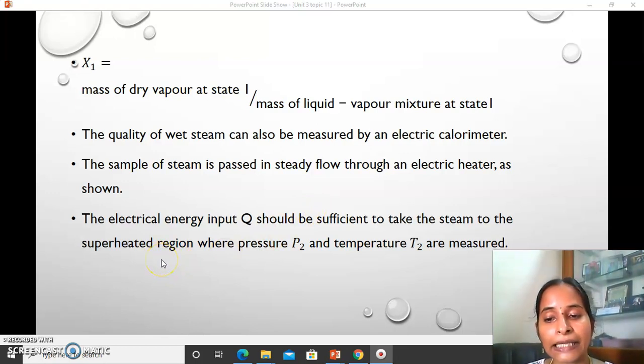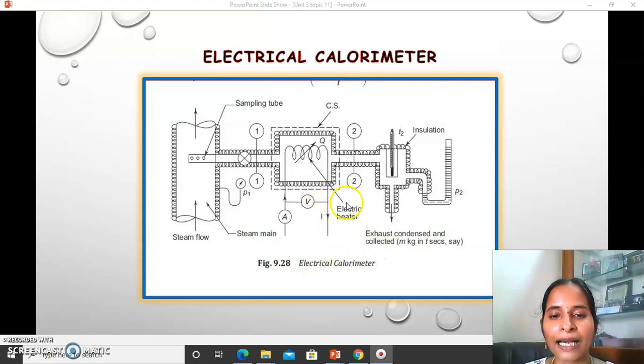Here we are making the energy transfer, the phase change from wet steam to the superheated region, by the electrical supply. So by the electrical heater, the wet steam is heated further to become superheated steam, and then the exhaust steam's quality and pressure are measured.